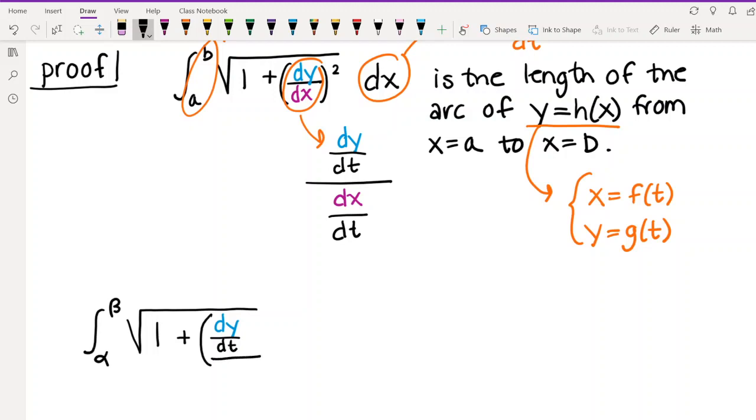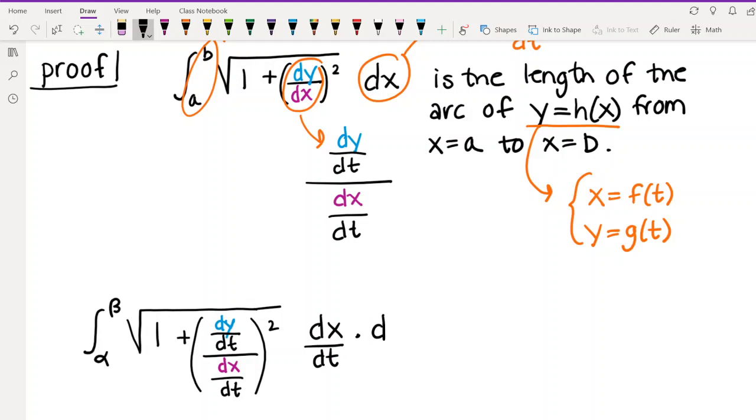divided by, I should have made this bigger. So we have dy dt over dx dt squared. And then I'm replacing dx with dx dt times dt.